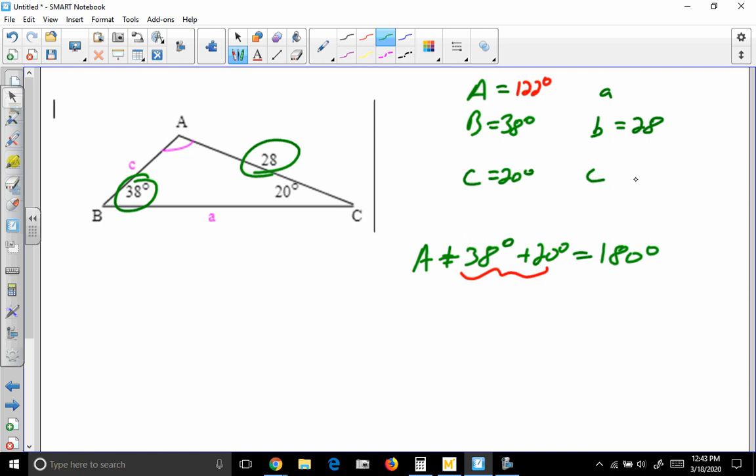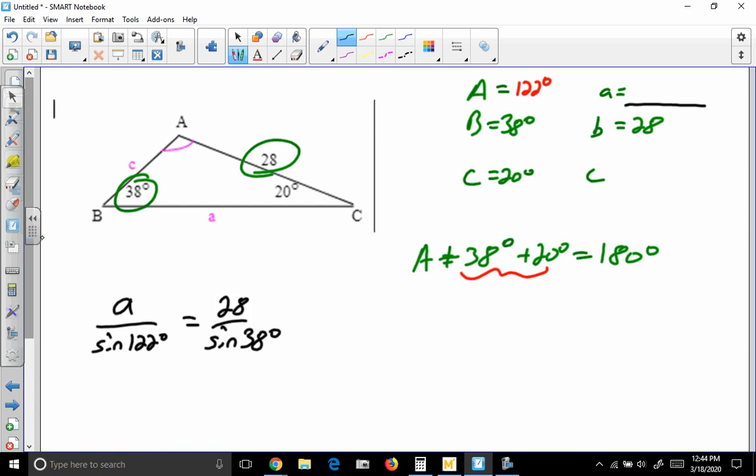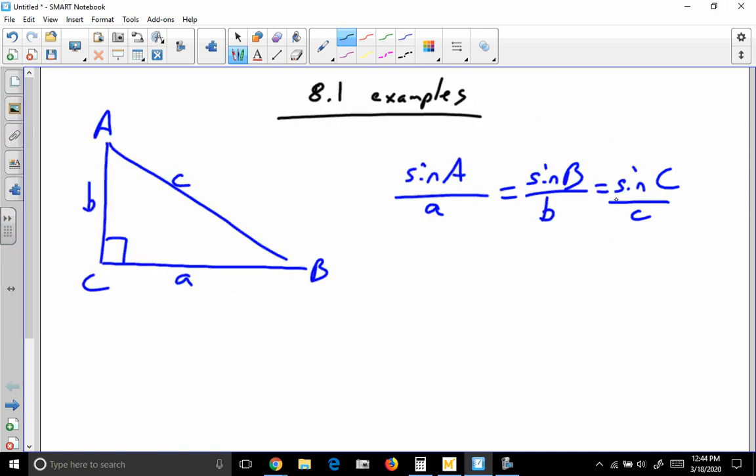So let's start by finding side a. Whatever we want to find, I like to put on top, because it makes isolating that value easier. So a over sine of angle A equals little b over sine of angle B. Hopefully you notice that's not the way I wrote it over here, where we had sine on top and the side on bottom.